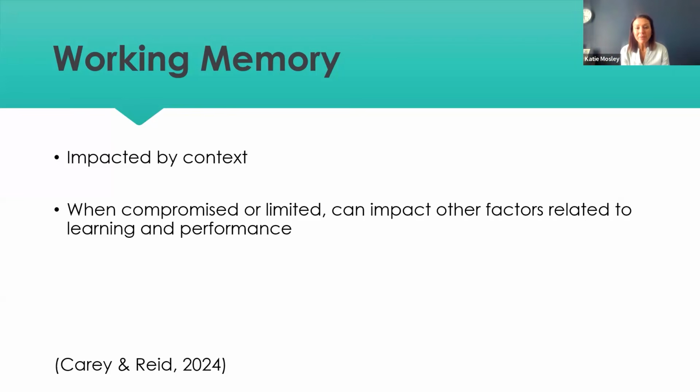But when working memory is compromised or limited, it's more than likely going to impact other factors related to learning and performance. Because if we don't access that working memory, then we're not getting anything into our memory. And if our working memory is overloaded, and we'll talk a lot more about this in the strategy section, our learner is going to have a whole lot more trouble accessing that working memory.